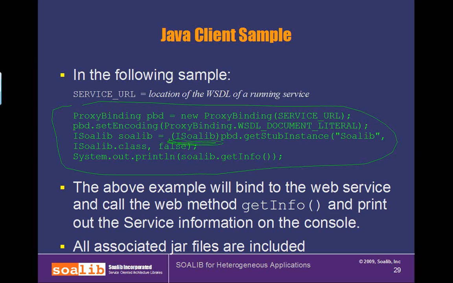So in 5 lines, you are consuming a service, and in some of the application examples that we provide in SOALIB samples, like data synchronization and that sort of example, the maximum lines you can see is probably 10 or 15 lines and it does a lot of things. And what this program is doing is calling a getInfo method in the service to get the information of what the service is providing.